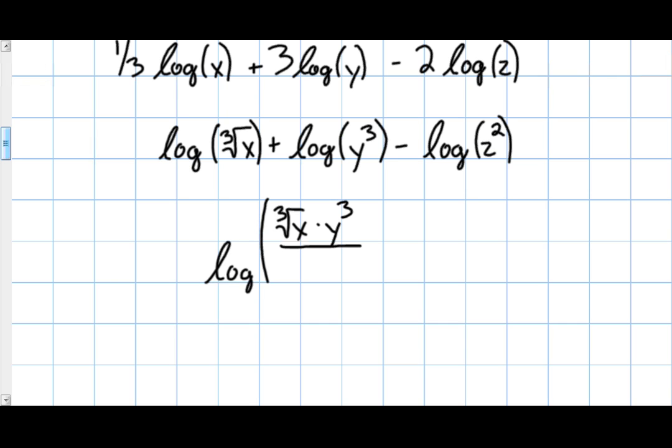Then I subtract a z squared, which means it goes down there. So that's all we're doing. We're going to be going backwards and forwards, expanding and contracting these functions for logarithms. We're going to learn how to be able to manipulate them and what equal expressions are going to be.